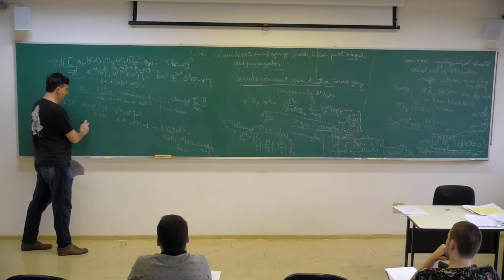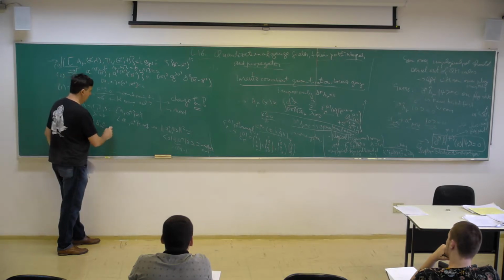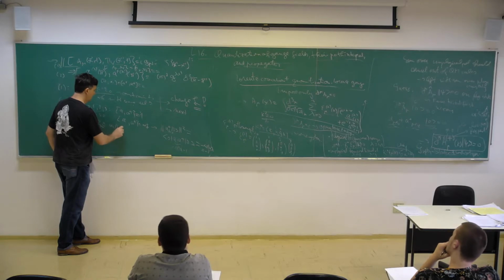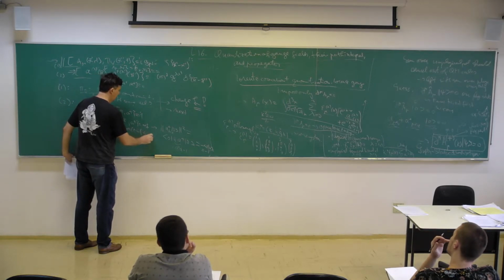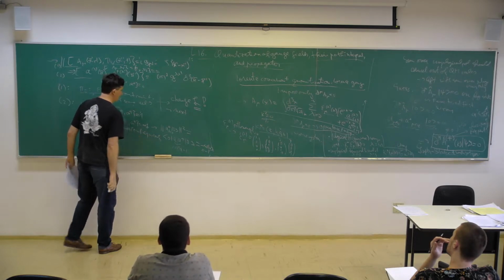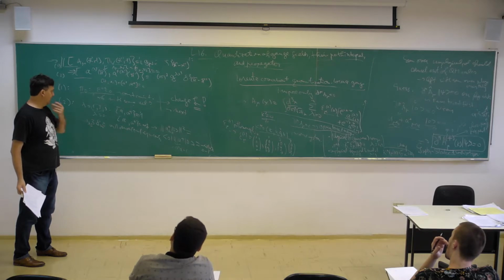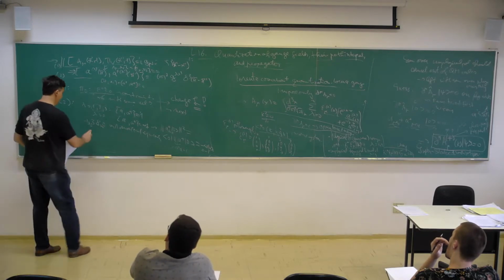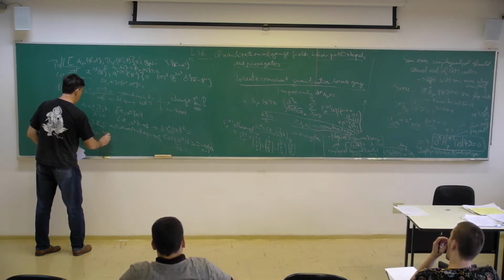But the point is that 3 and 0, so lambda equal to 3 and lambda equal to 0, will cancel out in quantum calculations. Okay? Due to this property that this one has positive norm, and this one has negative norm.